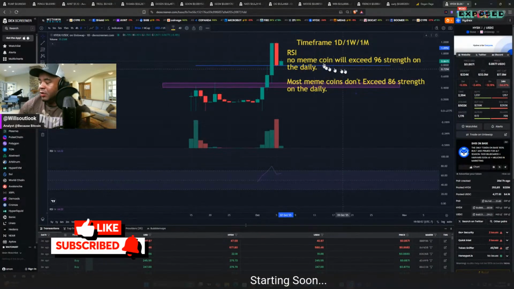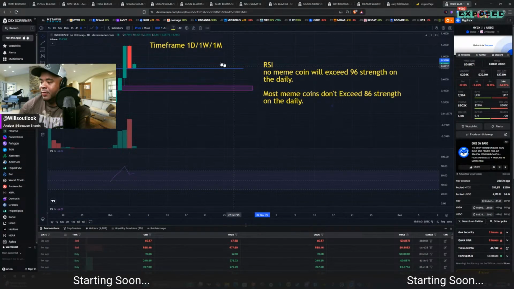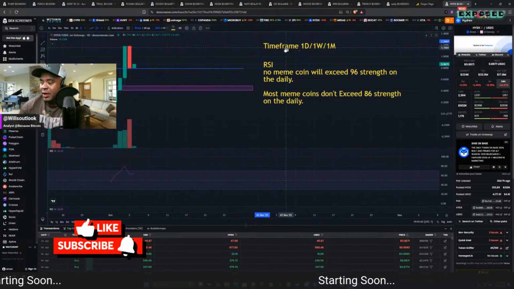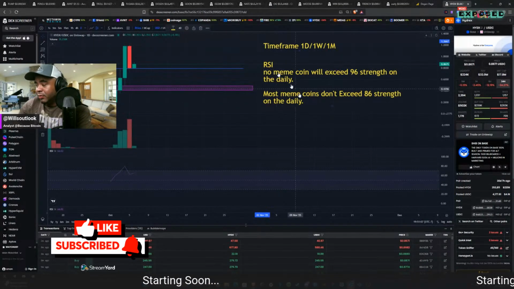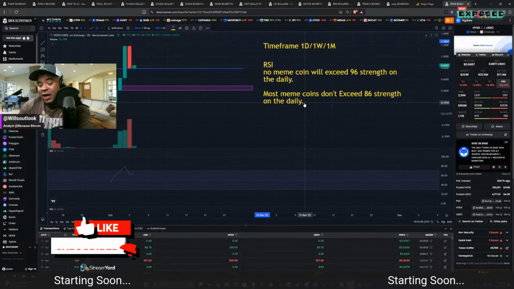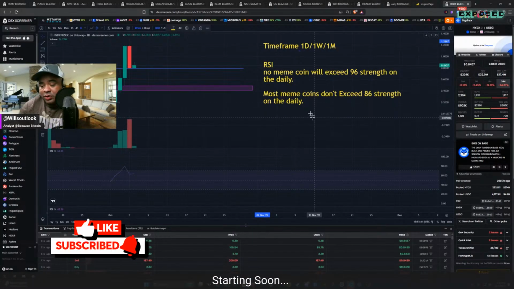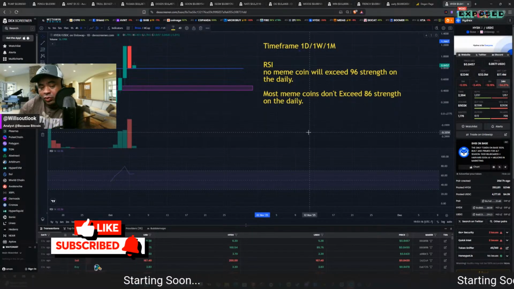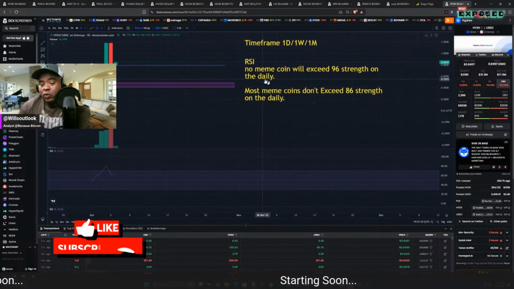So we've got a few different rules here. RSI, no meme coin will exceed 96 on strength, right? And this is a true statement. I've backtested this and it's true. Most meme coins won't exceed 86 on the daily as far as strength goes. This is a true statement. I've backtested it. It's true. And I'll show you as we move forward. So I've set 2 rules so far.